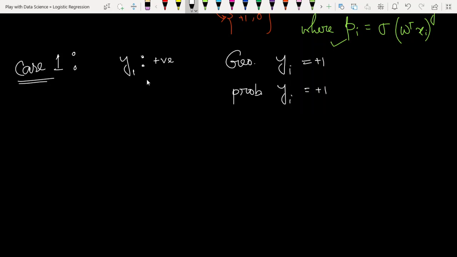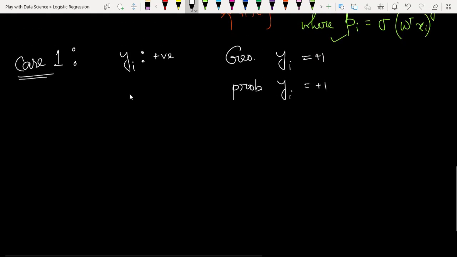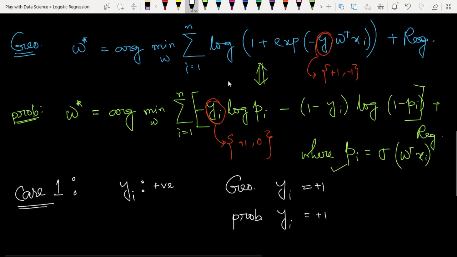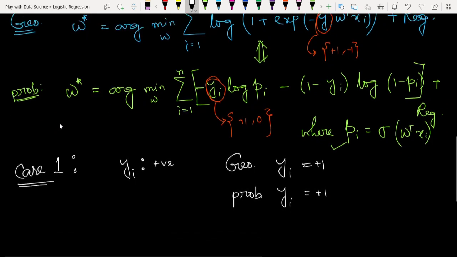So if y_i is positive, it takes +1 in both. If we apply +1 in both equations, geometrically as well as probabilistically, what will we find?